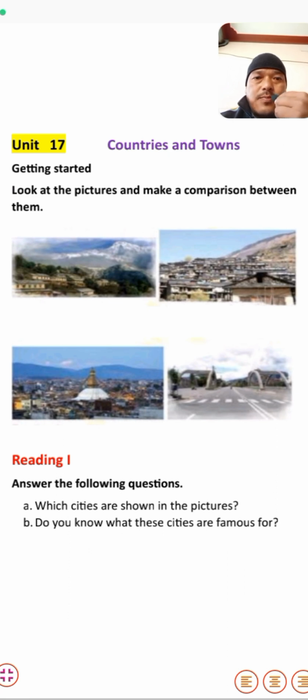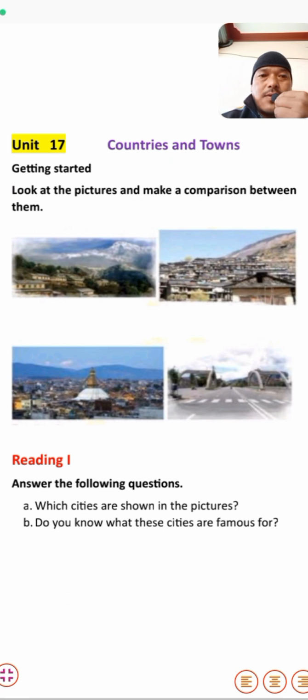Students, here are some pictures given. You have to first identify the picture and then make a comparison. In the first picture, we can see a few houses, and in the second picture, so many houses.